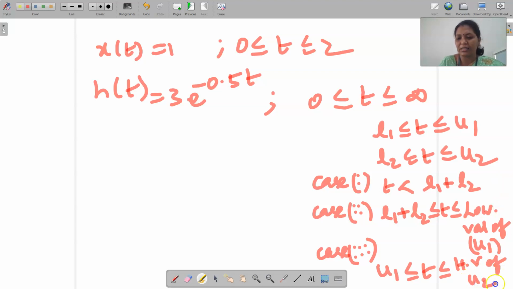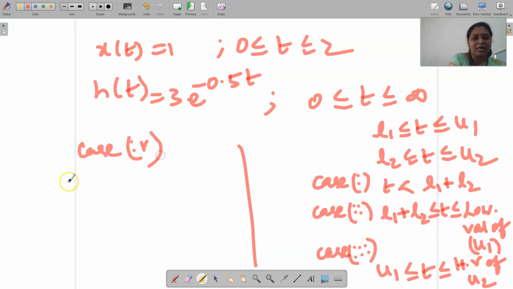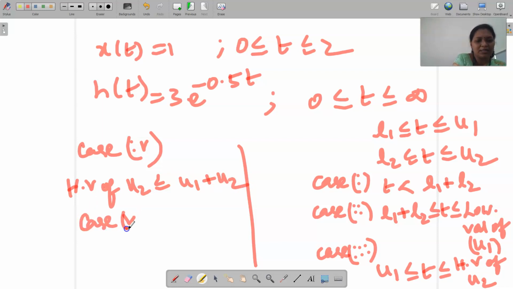So let me take that as U2. And then the fourth case is the higher value of upper limit to the addition of your upper limits, so U1 plus U2, and the final case is U1 plus U2, the addition of upper limits, to infinity.